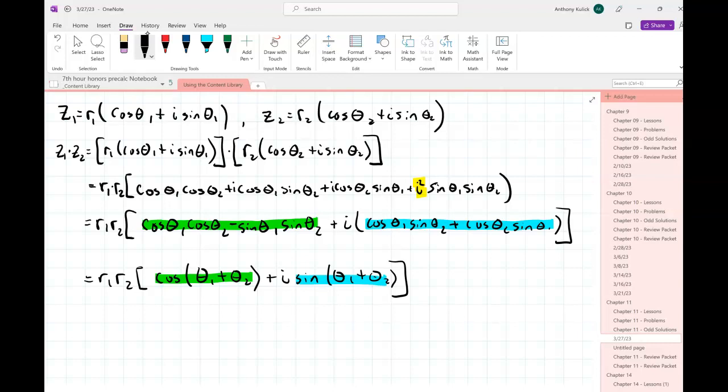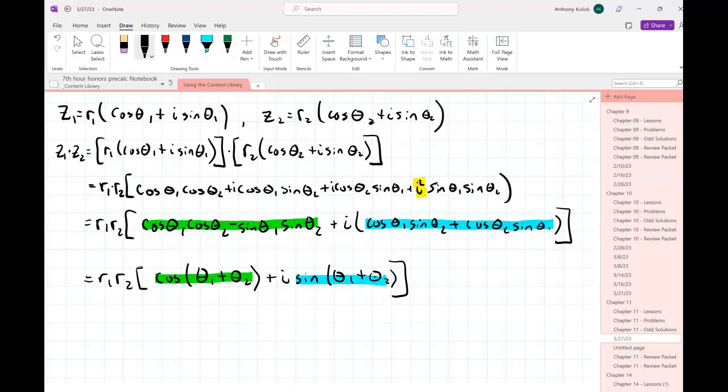Do I have to FOIL? No. So if I need to multiply 10 complex numbers together, if they're in trigonometric form, I just multiply all 10 of the magnitudes together and add all 10 of the directions together, and I'm done. Ooh.